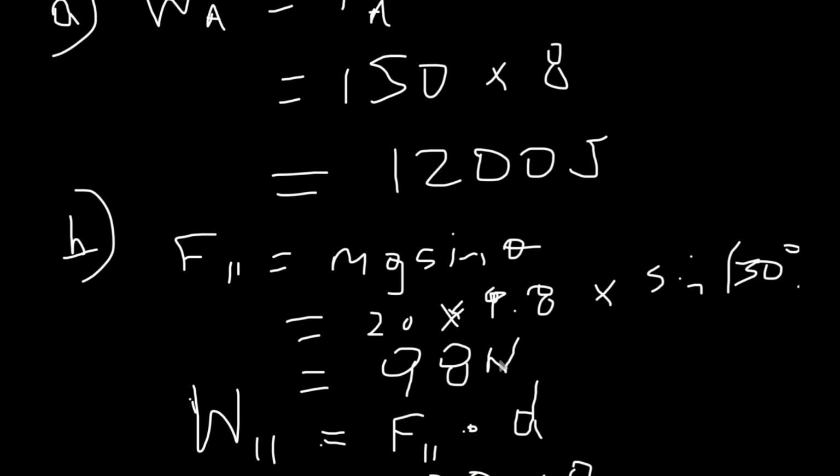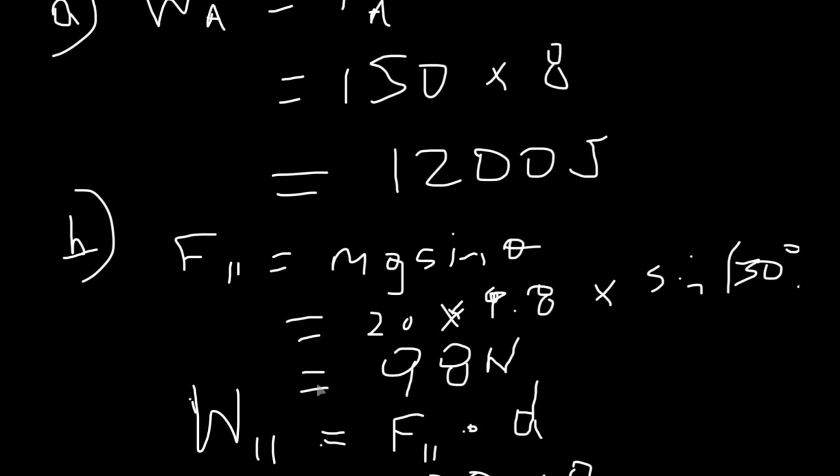Part B, the work done by the parallel force. You first find the force, which is mg sine theta. So I'll be substituting m for 20, g as 9.8, and we're assuming it's 9.8 meters per second squared, times the sine of 30 degrees, and that will give you 98 newtons.